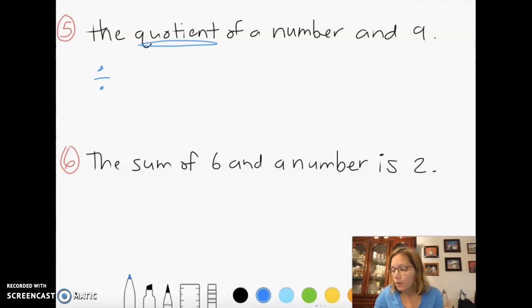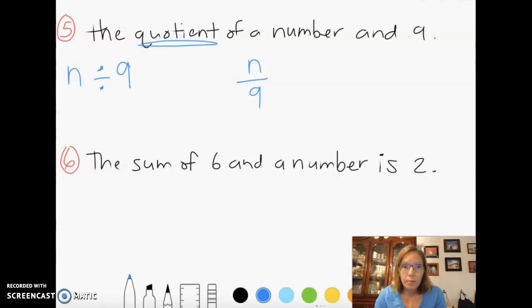Now when I write a division sentence, it says the quotient of a number and 9. So that would be a number and 9, like that. But when we're using algebra, it's better to use a fraction for the division sign. Remember, fraction means divide. So to write this problem the best way that you can, you're going to write it n over 9 with a fraction.